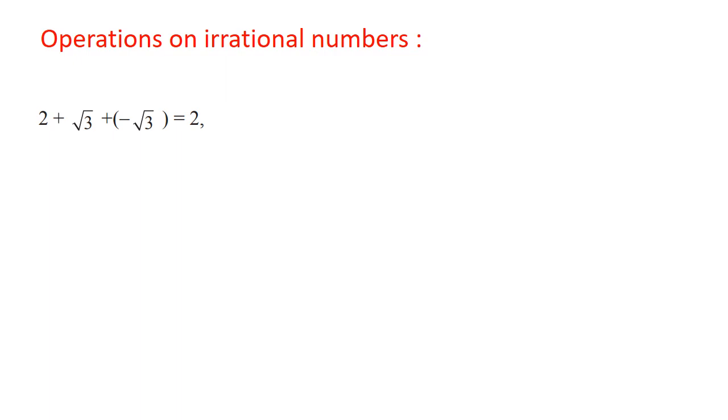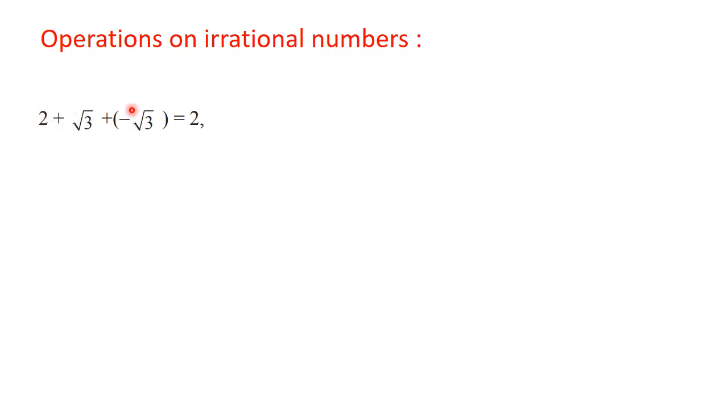So just now I told that the multiplication of rational and irrational is irrational. Now let us think about two irrational numbers: their addition, their subtraction, their multiplication, their division. So here you can see that 2 plus root 3 is an irrational number.